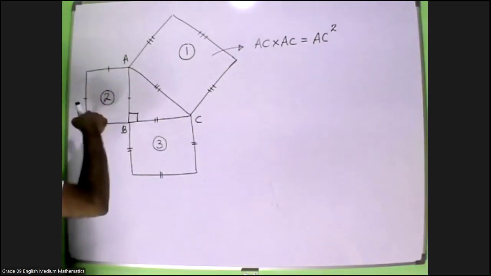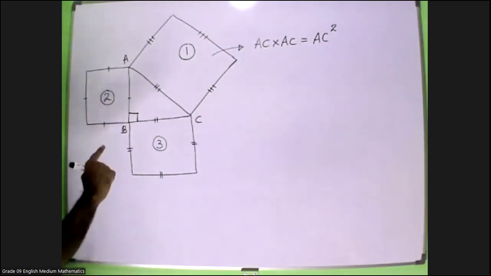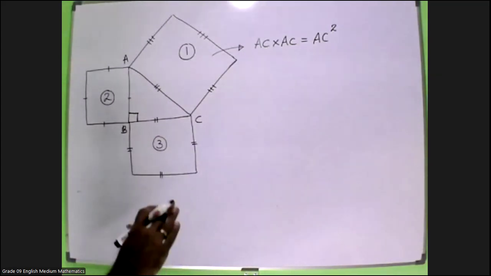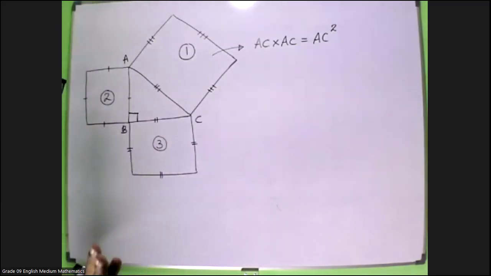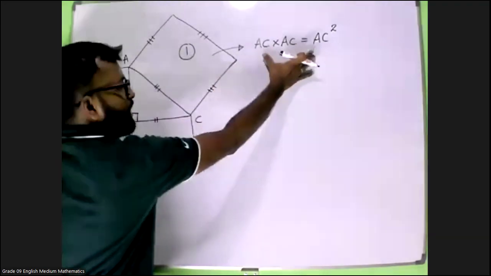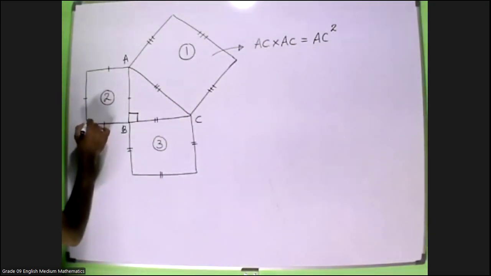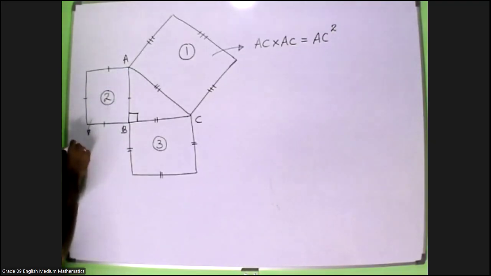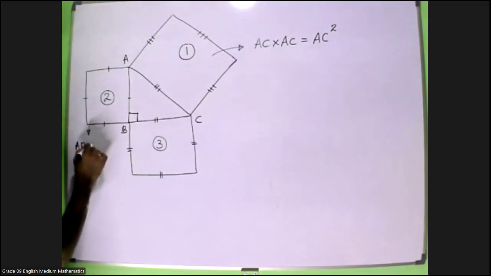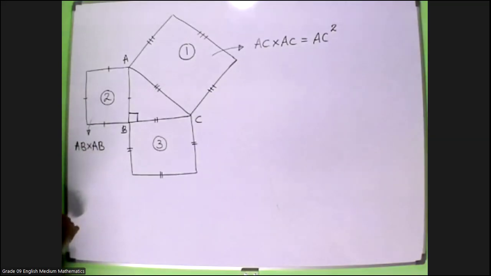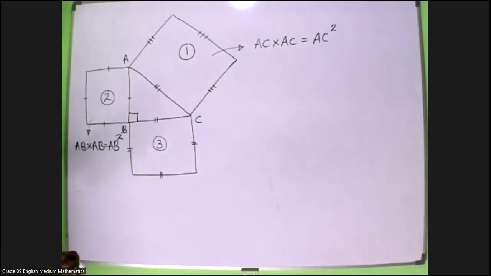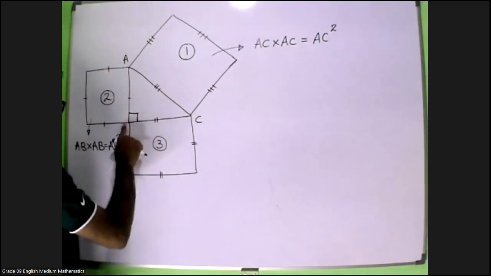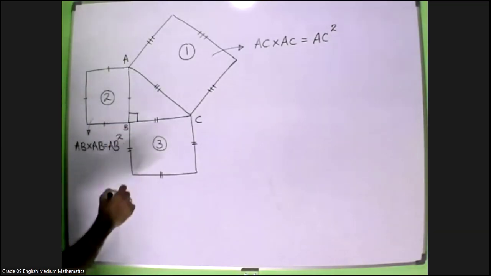All the sides of square number 2 are equal, that means AB, AB, AB, AB. So we can write down the area of square number 2 as AB times AB. That means AB square, right?